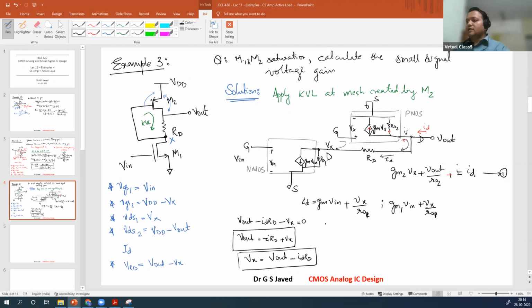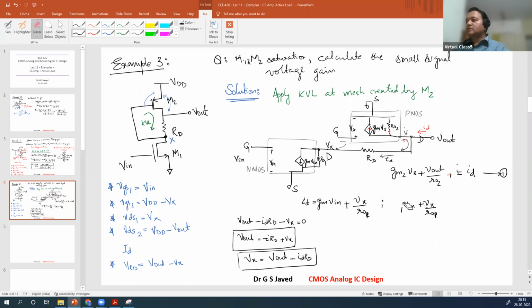This ID is given as gm VGS plus Vx by RO, right? So this will be equal to V out minus ID, which is gm V in plus Vx by R naught. Again, I do not want to bring in Vx. Let me do it some other way. Okay, let me complete this equation.